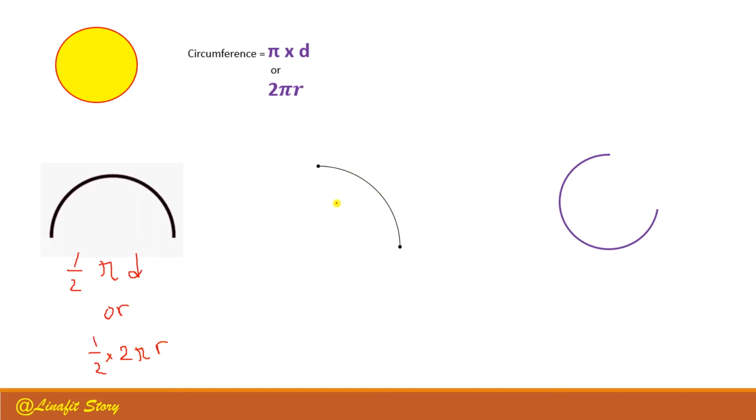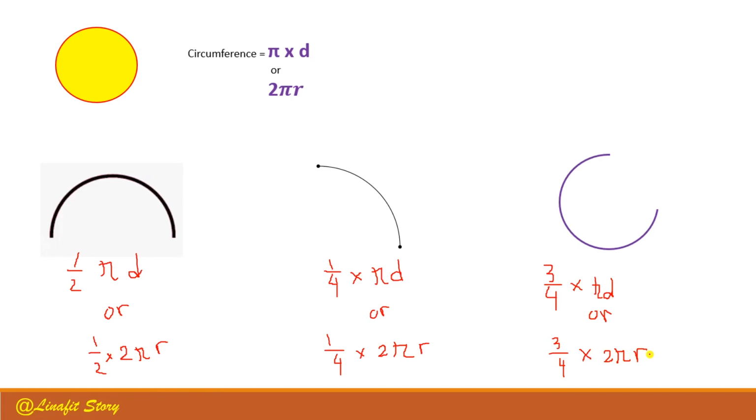If it is a quarter circle, the length is 1 over 4 times pi times diameter or 1 over 4 times 2 times pi times radius. If it is 3/4 of a circle, the length is 3 over 4 times pi times diameter or 3 over 4 times 2 times pi times radius.